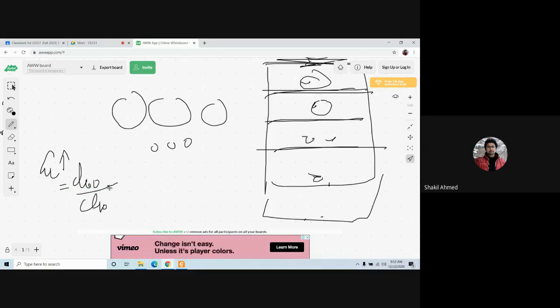If this is higher, there is a large difference between D60 and D10. Am I right? Yes, sir. So you have very large particles and very small particles. That means this is uniform or non-uniform? Non-uniform. This is non-uniform.